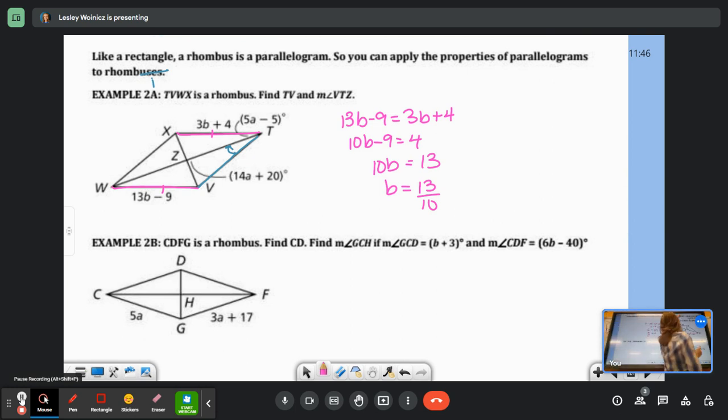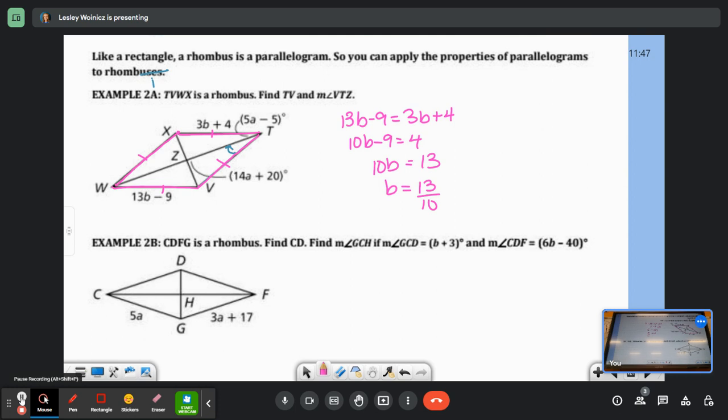So the fact that this was a parallelogram allowed us to solve for b. But now we can say, okay, well, it's also a rhombus, so these sides also are congruent. So we can plug that b in and find TV.